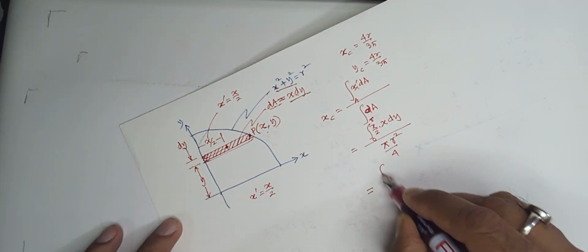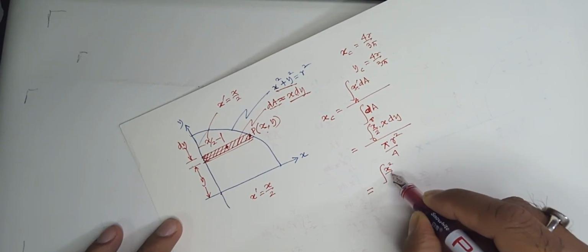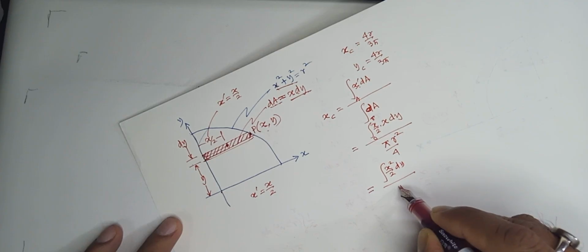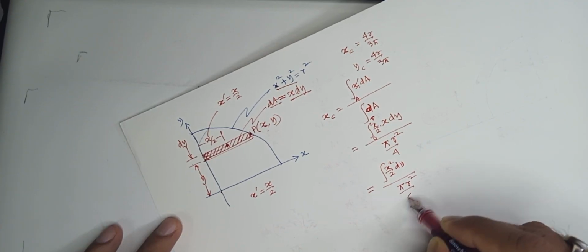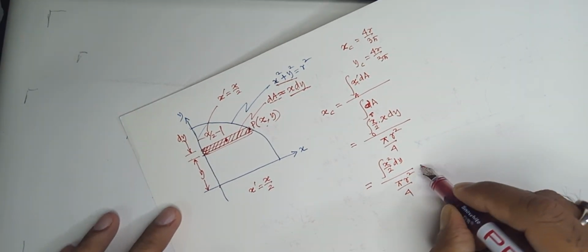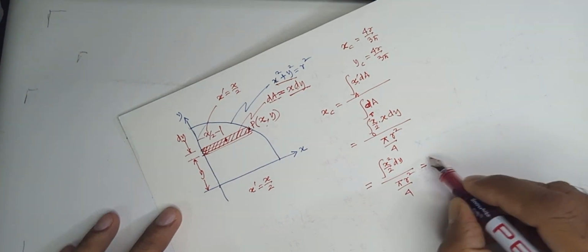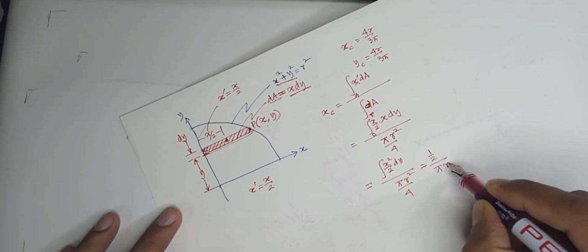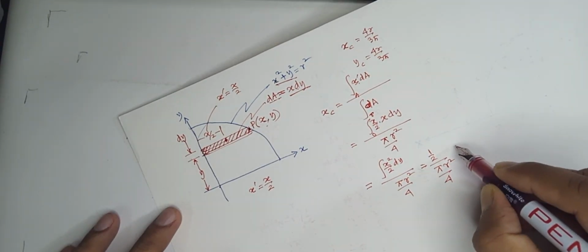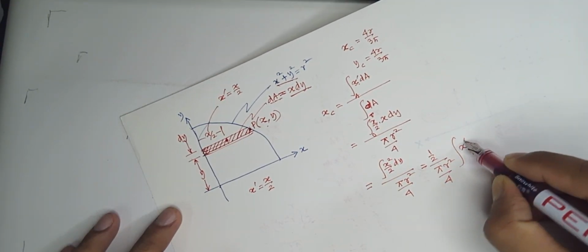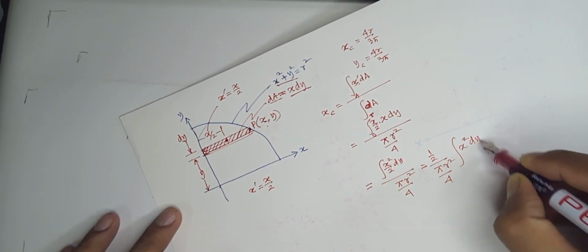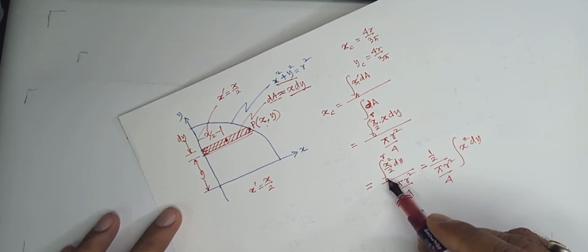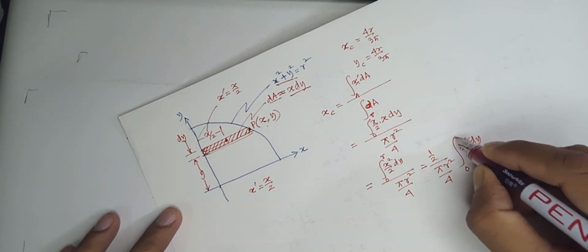So it will be x square by 2 dy, divided by pi r square by 4. Half can be taken out, so it is half divided by pi r square by 4, times the integration of x square dy, where the range is 0 to r because y varies from 0 to r.